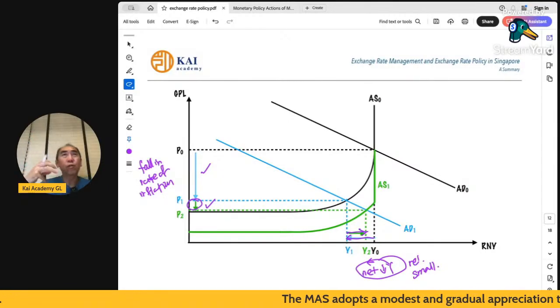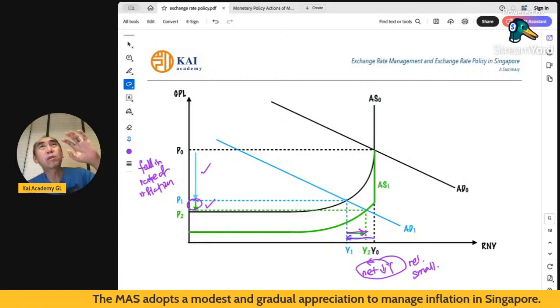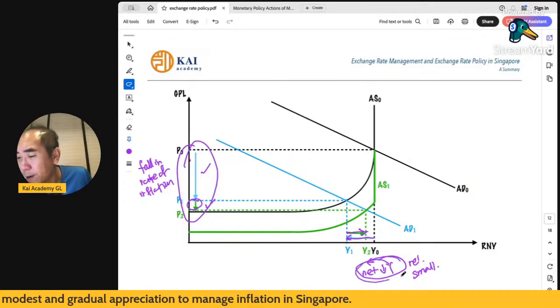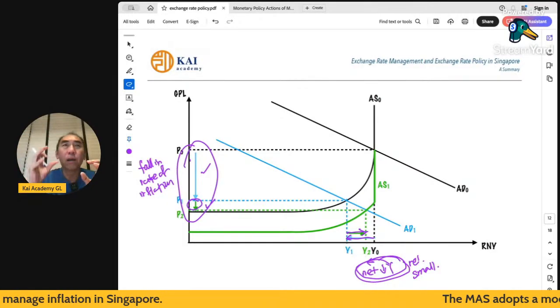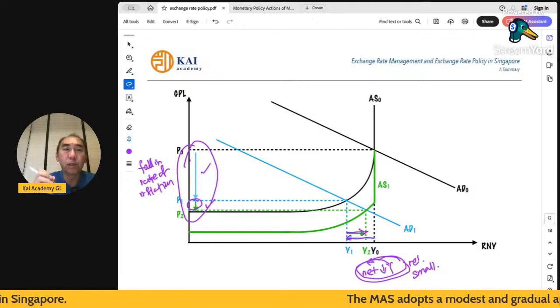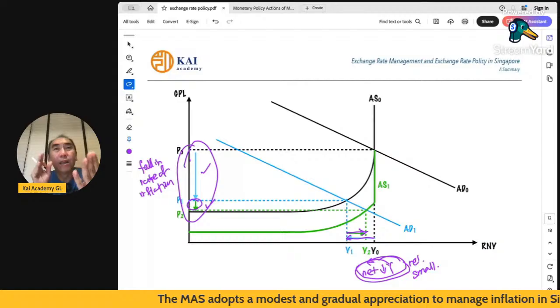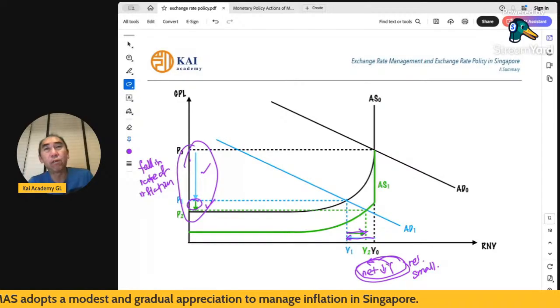Now, this makes exchange rate appreciation all the more a good policy for Singapore. It becomes something that is particularly effective with only a very small harmful side effect. Coupled with the fact that MAS only appreciates the Sing dollar at a very, very gradual and modest level, that minimizes the adverse effect on the bilateral trade of Singapore or the economic growth of Singapore.